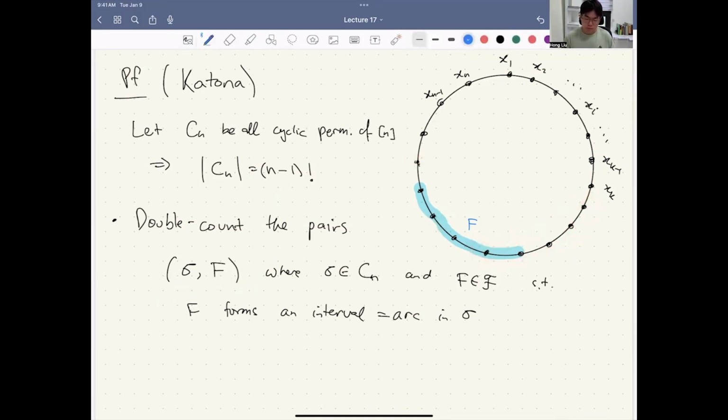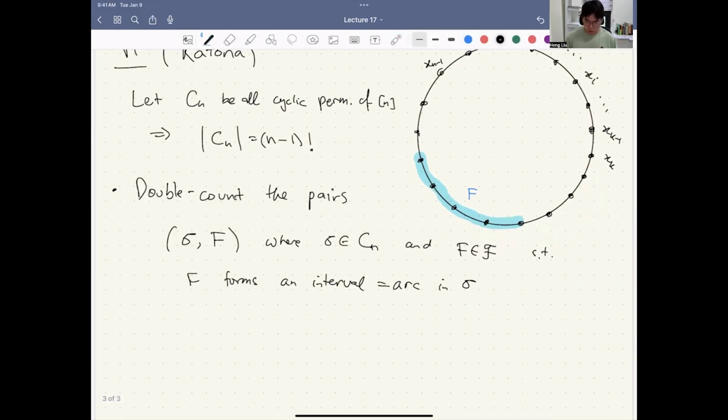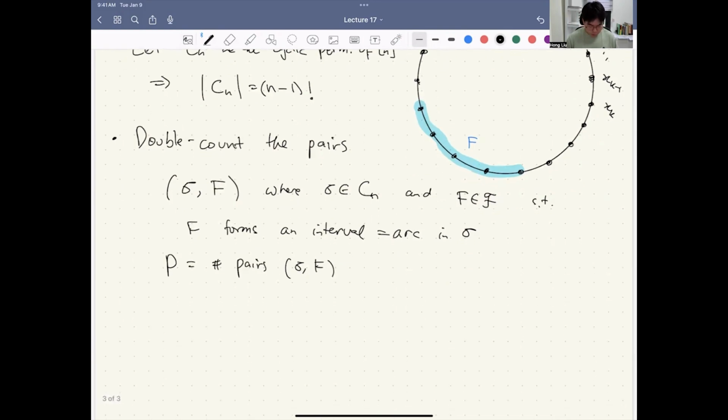So we're going to show that this count, let P be the number of such pairs sigma, F, satisfying this above property. Our goal is to show P, on one hand, equals the cardinality of our intersecting family F times k factorial times n minus k factorial.